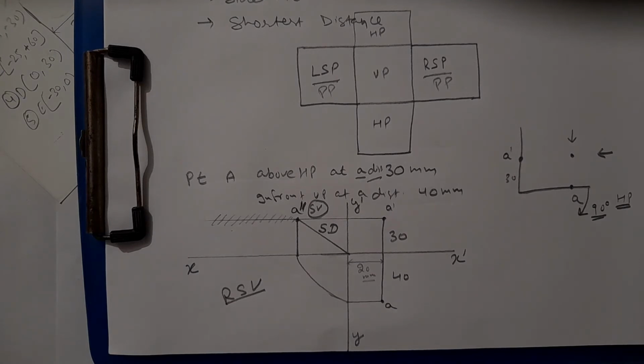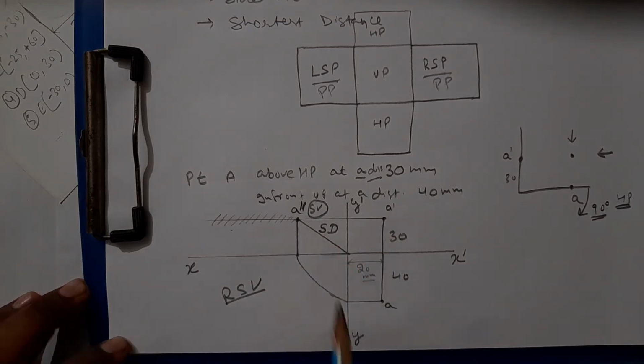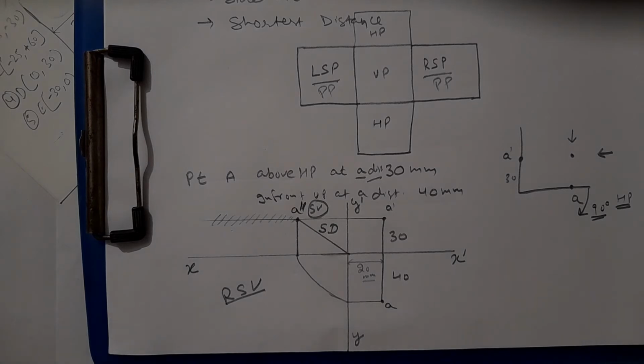Likewise, we can plot the left hand side view also in the same manner. We plotted A dash and A double dash on the same level because the distance from HP remains the same for both planes, because these planes are aligned vertically, only the orientation is different. The front wall is known as VP and the side walls are known as PP, that is the profile plane.